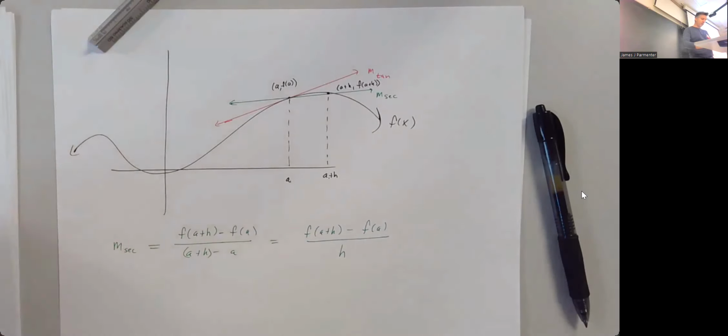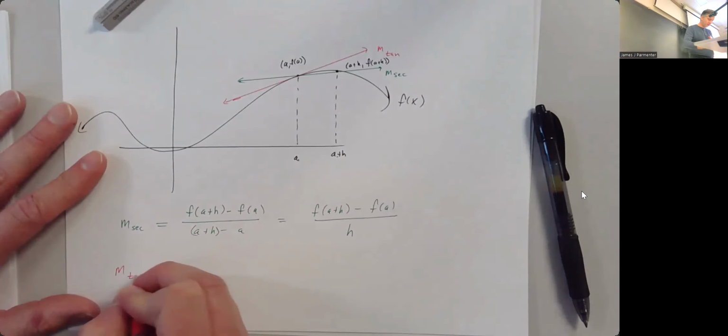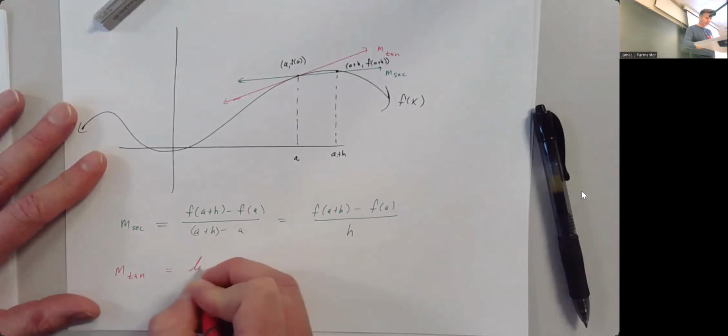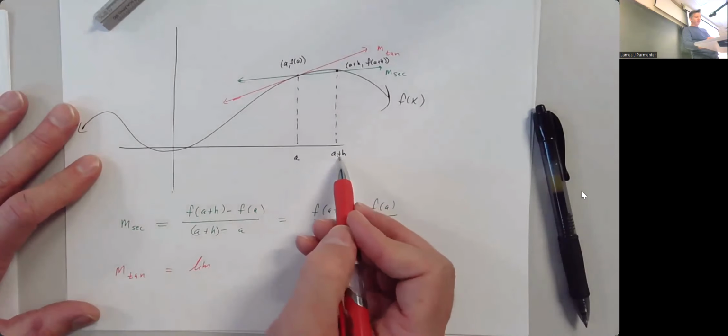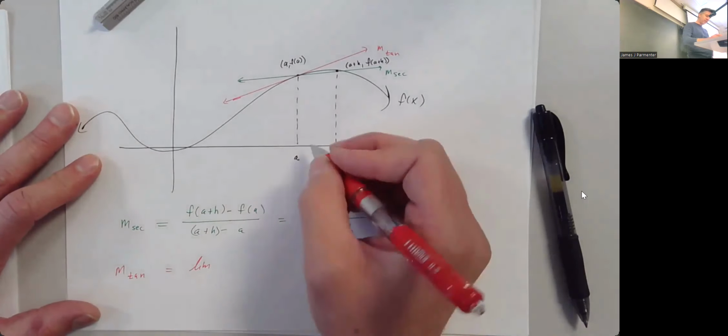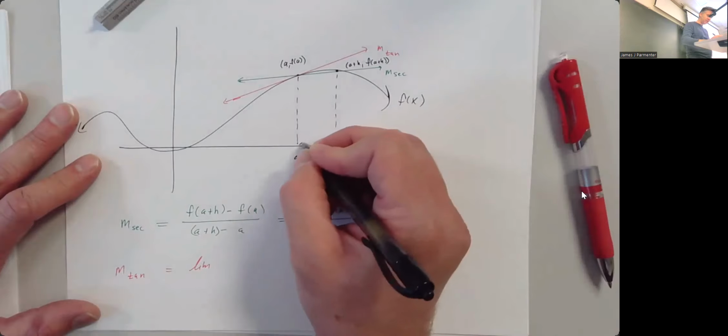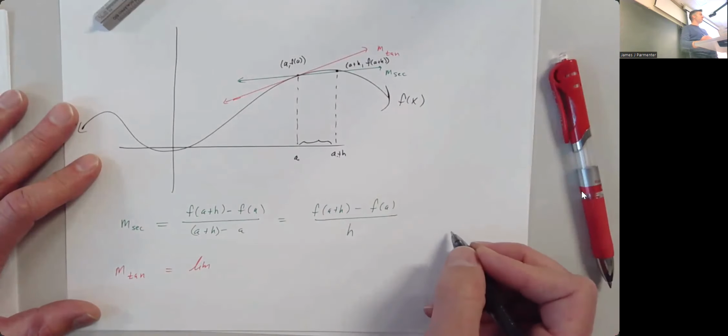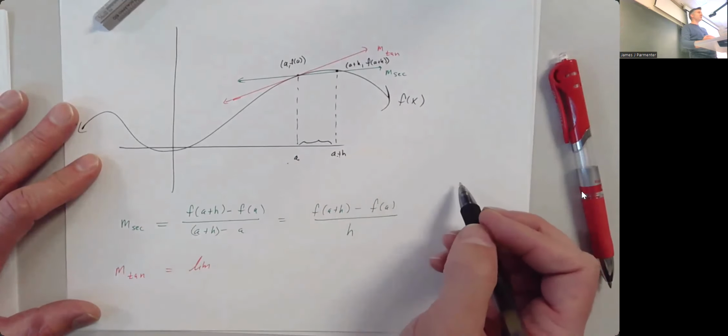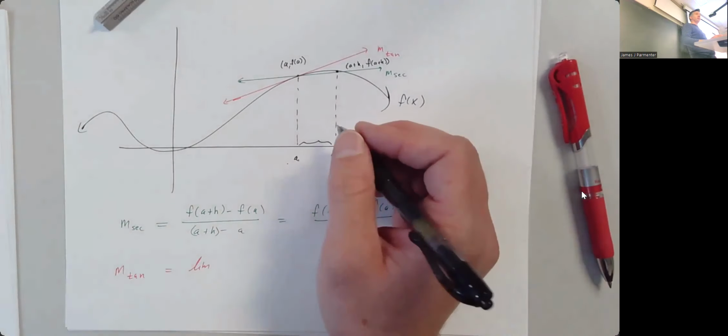And then to find the slope of the tangent line, all you do is you take the limit. You want this point to get closer and closer to that point. So you want the distance between those 2 points, what's the distance between those 2 points? If you go from a to a plus h, or you can subtract, a plus h minus a is h.